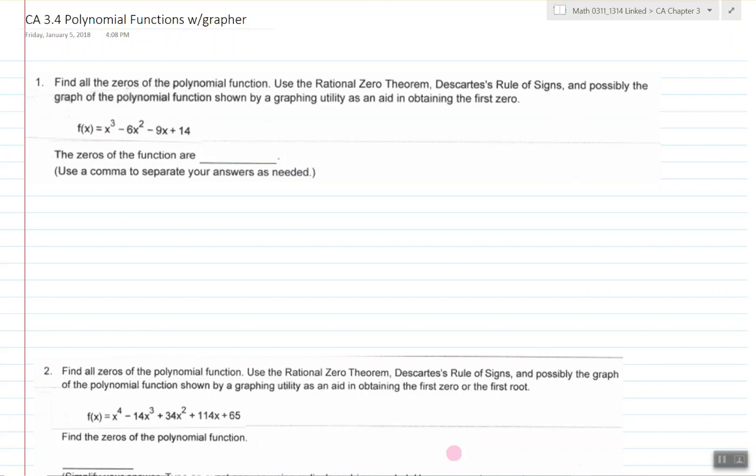The instructions tell us to find all the zeros, but we're going to do it just by using the graphing utility and possibly, if we need it, some synthetic division to depress the polynomial. The instructions say to use the rational zero theorem and Descartes' rule of signs, and we're not going to do those. So the first thing I want to do is put this function into my grapher.